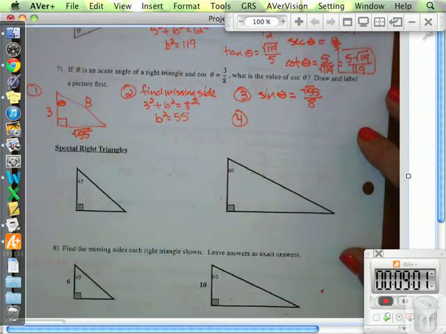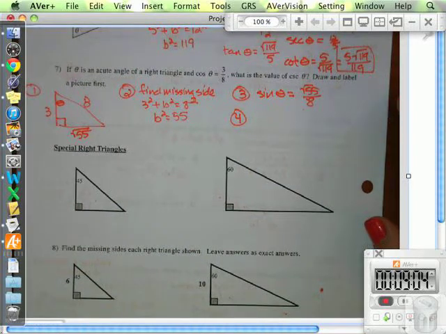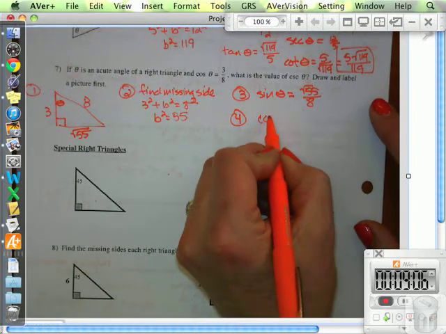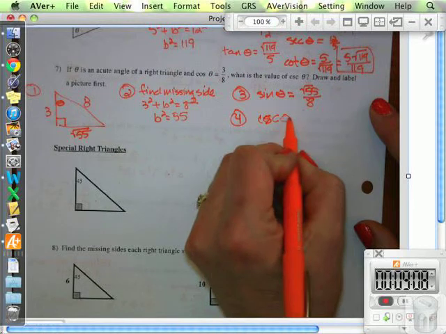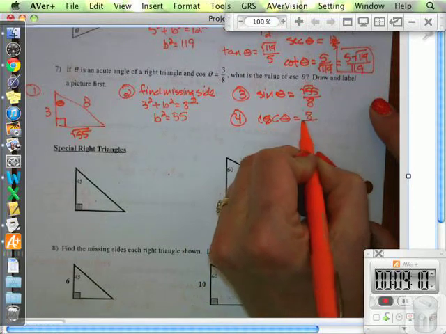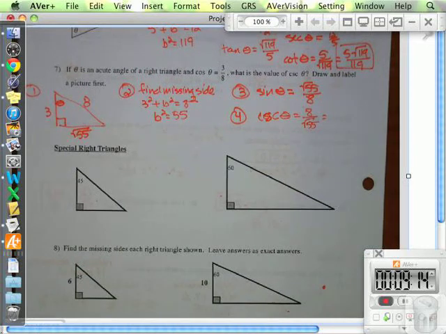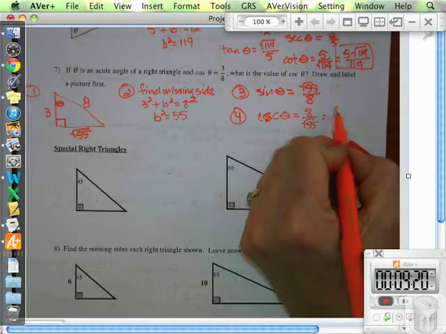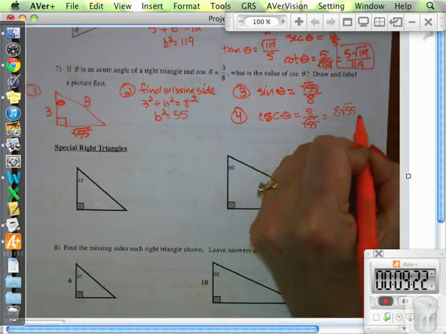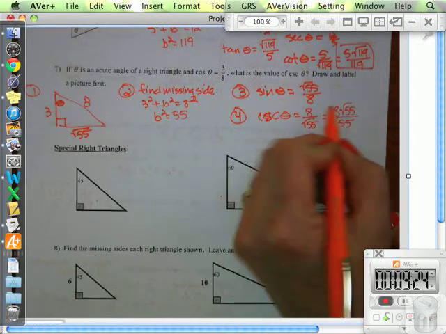Whatever that is, cosecant is just a reciprocal of this ratio, which obviously you can't leave that square root in the denominator. So how would that be rewritten? Over 55. There you go. Boom.